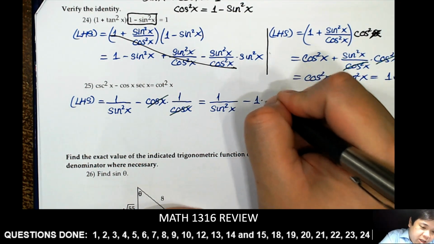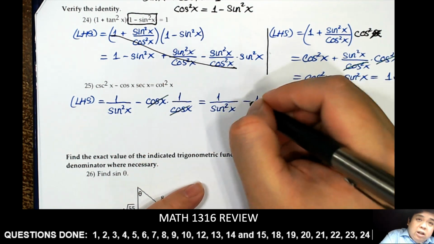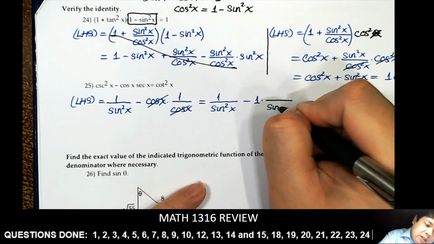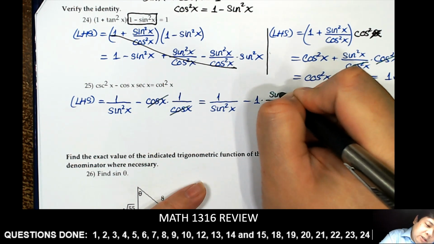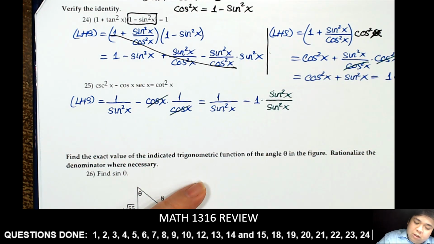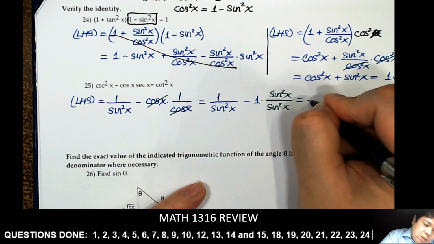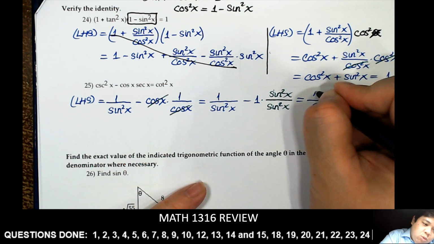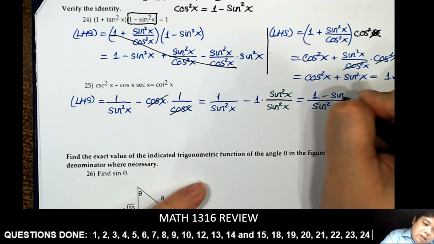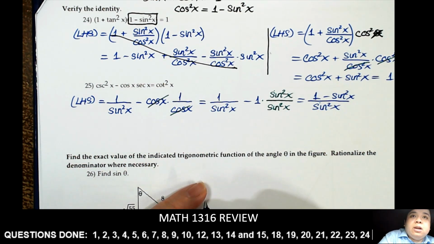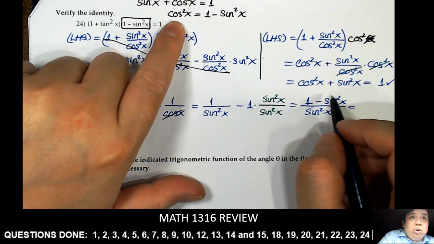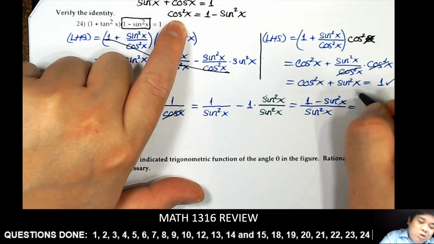We can combine these two using the common denominator of sine squared. So on the bottom we have sine squared. The top is 1 minus sine squared. 1 minus sine squared, we did see that earlier. This is cosine squared.